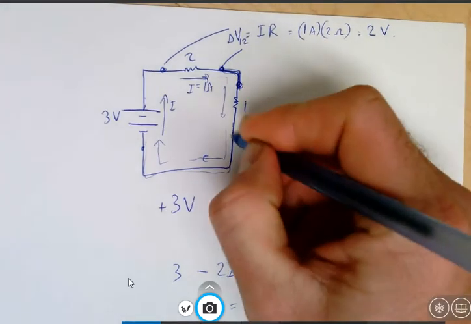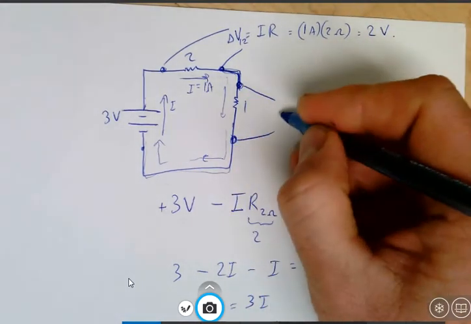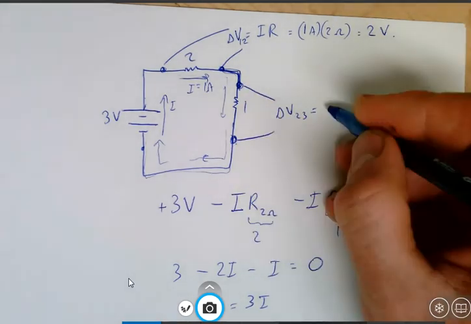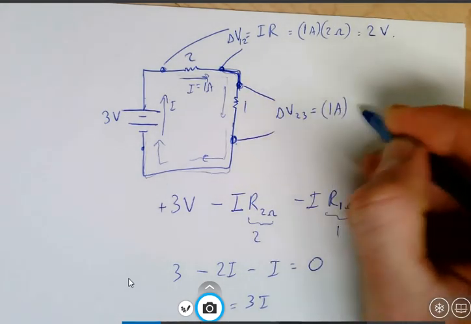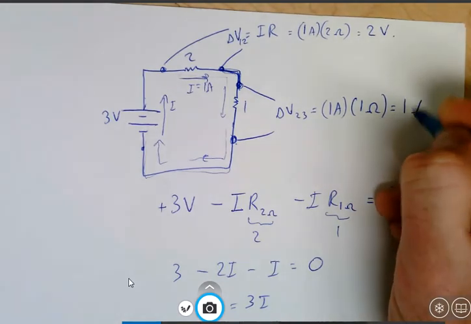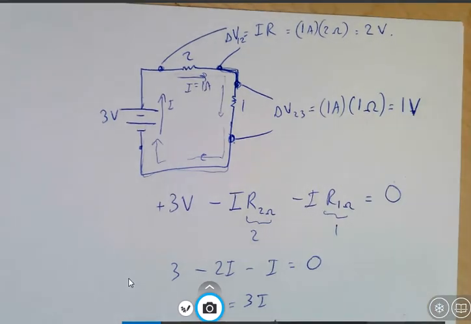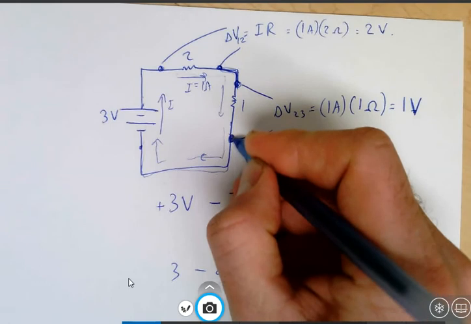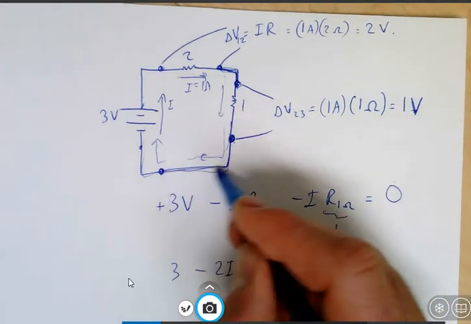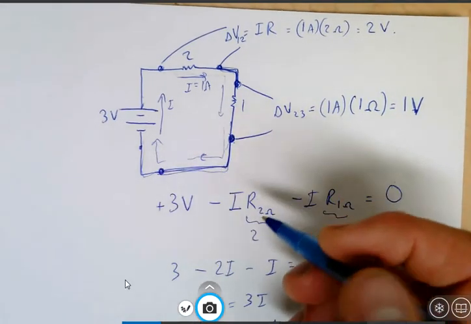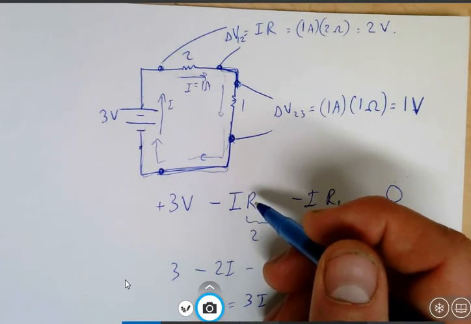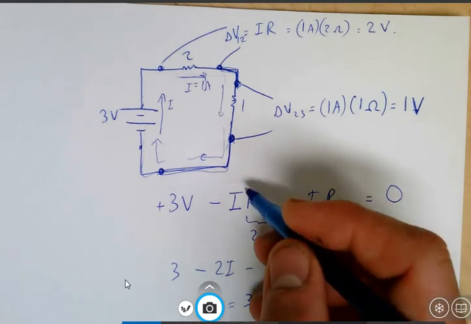Similarly, if I wanted to find the voltage drop across this place here, delta V between points 2 and 3, that's also 1 amp multiplied by 1 ohm. So in other words, that is 1 volt. Finally, we can take a look at between this point here and this point here, and as we discussed, in an ideal wire, there is no voltage drop across the wire just because it has a very low resistance.